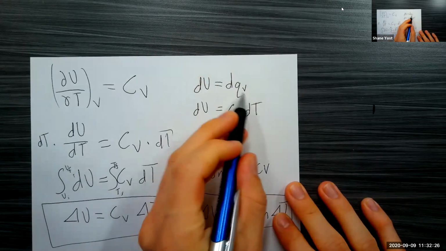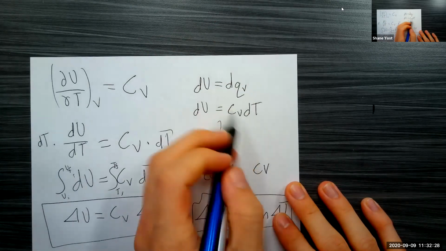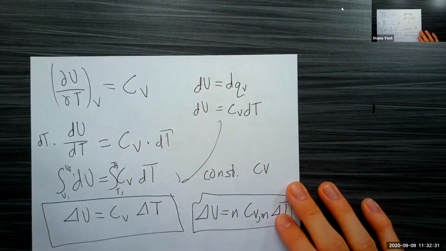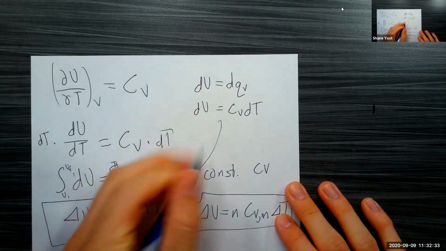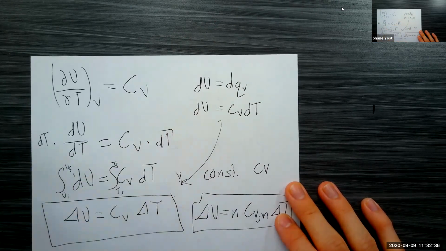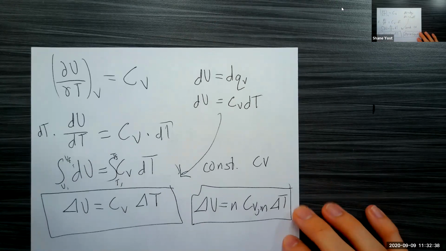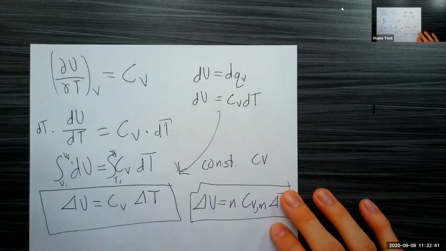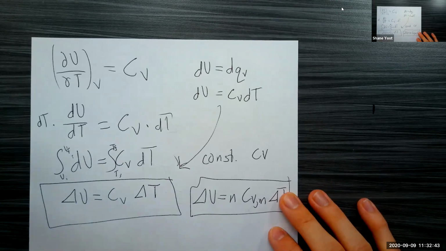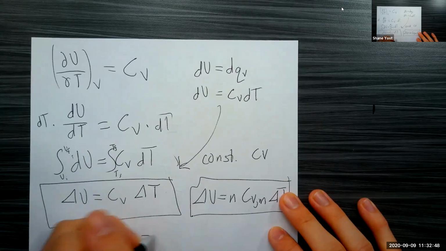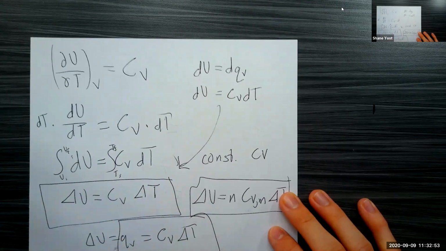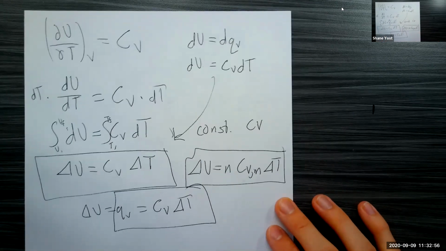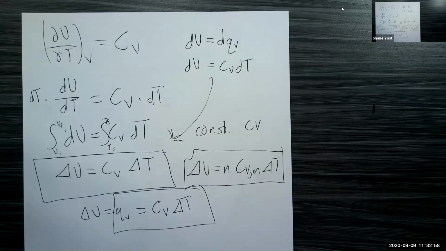The constant volume heat transfer is related to the constant volume heat capacity and some change in temperature, so you can get at that from either angle. And that gives us delta U is C_V delta T. Similarly, at constant volume conditions, delta U equals q_V, so q_V is also equal to C_V delta T, or n C_V,m delta T.